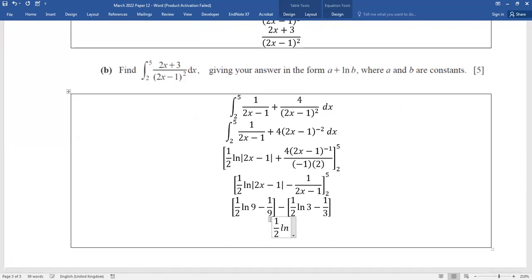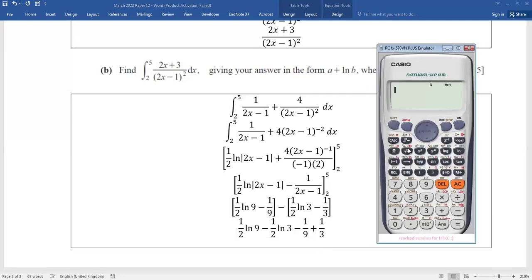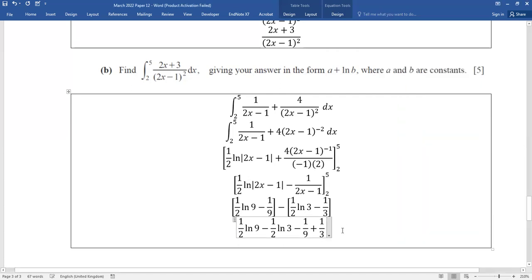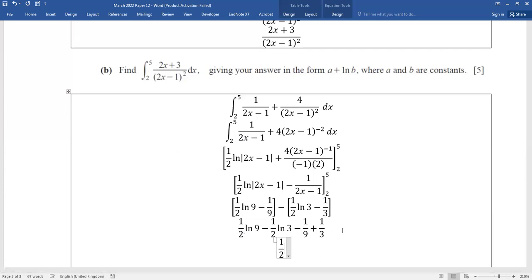Half ln 9 minus half ln 3 minus 1 over 9 plus 1 over 3. So just use your calculator. 1 over 3 minus 1 over 9. What does it give you? 2 over 9. And from here, if I take half common, I am left with ln 9 minus ln 3 plus 2 over 3.